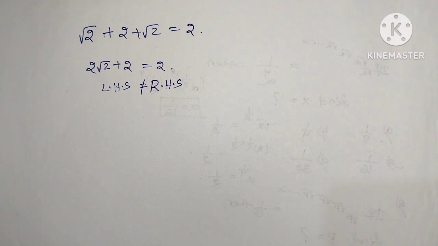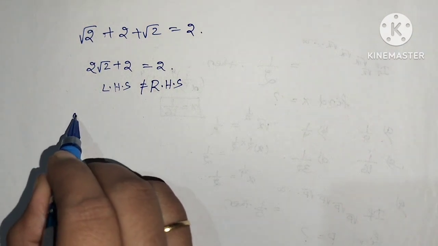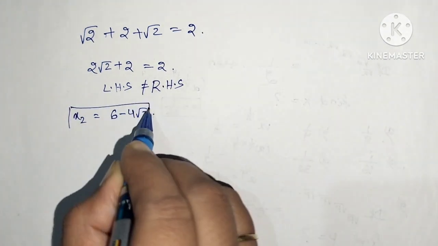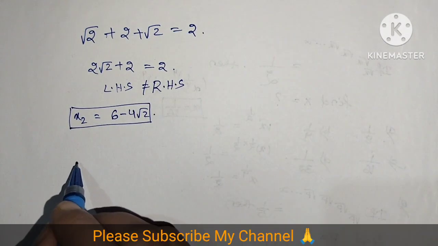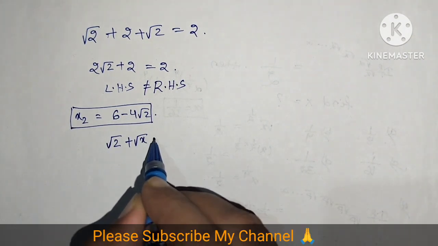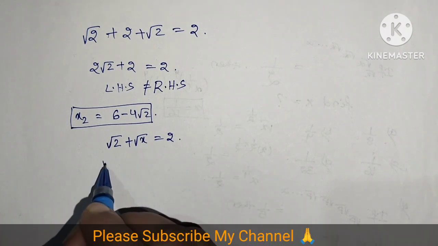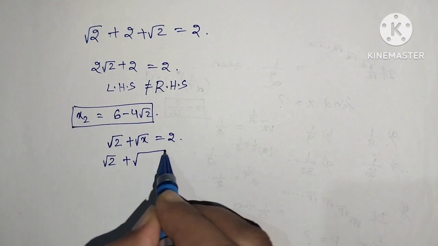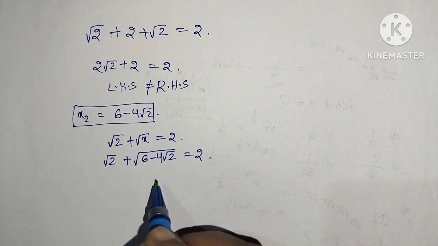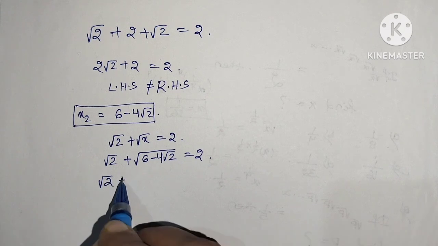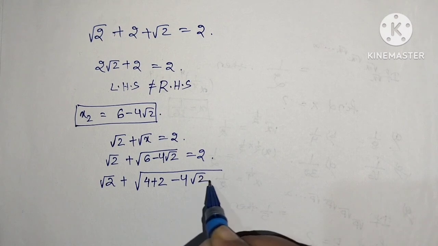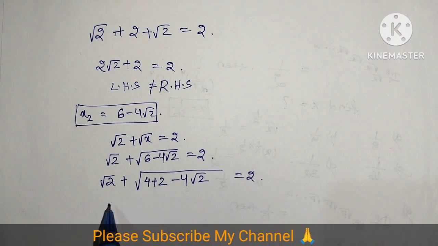Then we put the value of x2. The x2 value is 6 minus 4 root 2. We apply and check whether it is correct or wrong. Then root 2 plus root x is equal to 2. Then root 2 plus root of 6 minus 4 root 2 is equal to 2. Then here root 2 plus, same thing, 4 plus 2 minus 4 root 2 is equal to 2.